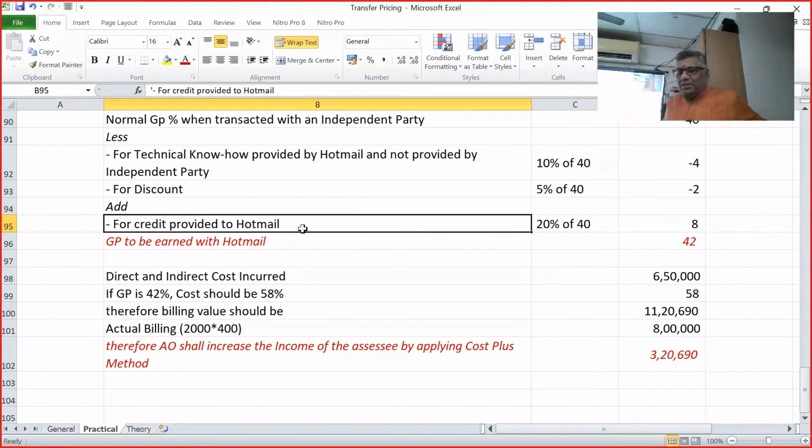Any doubt? No ask. Cost plus method. 6,50,000 is my cost. I should have earned a profit of 42% on sales. So if I do that, I should have billed for 11,20,690. I have only billed for 8 lakhs. So the Assessing Officer will increase the income.